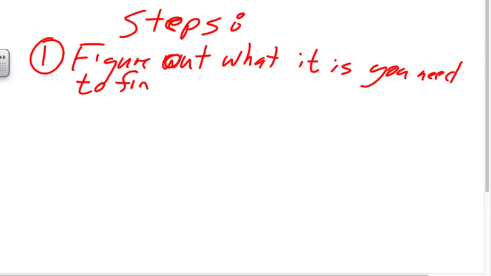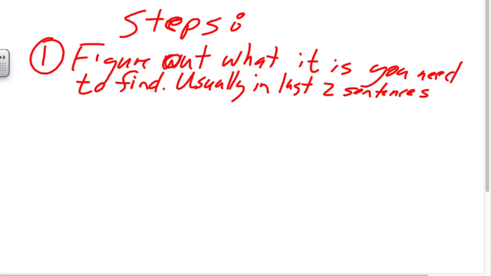In other words, what is the problem asking you to solve for? This is usually in the last 2 sentences somewhere. Not always, but usually.